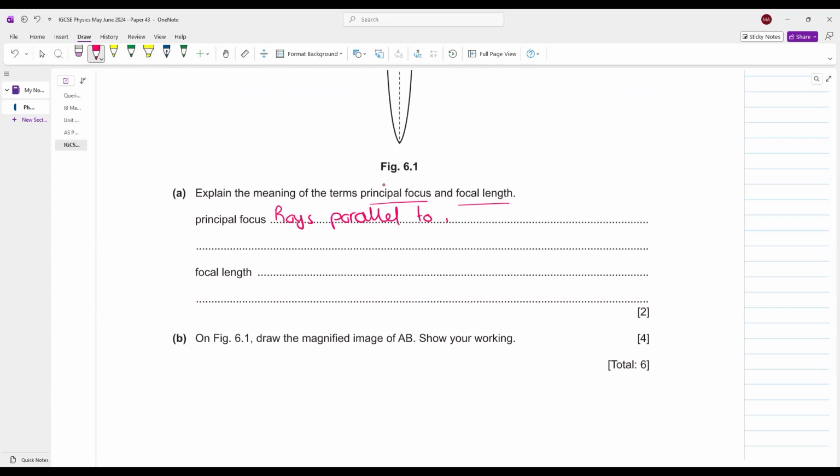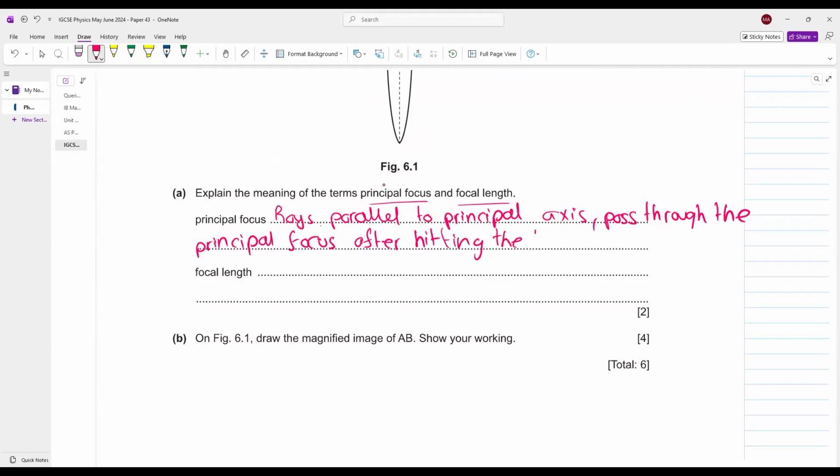Rays parallel to the principal axis pass through the principal focus after hitting the lens.